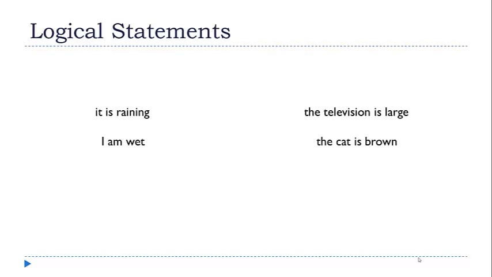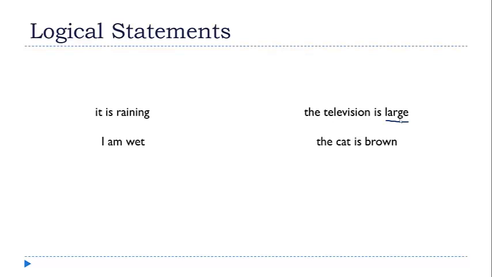Now, on the right-hand side here, I have two examples of English statements that are not logical statements. And for both of them, it's because there's just too much possible ambiguity. With the first one, for example, the television is large. It's this word large that causes trouble. What constitutes large? A television that I think is large, you might not. A television that a 6-year-old thinks is large, an adult might not.